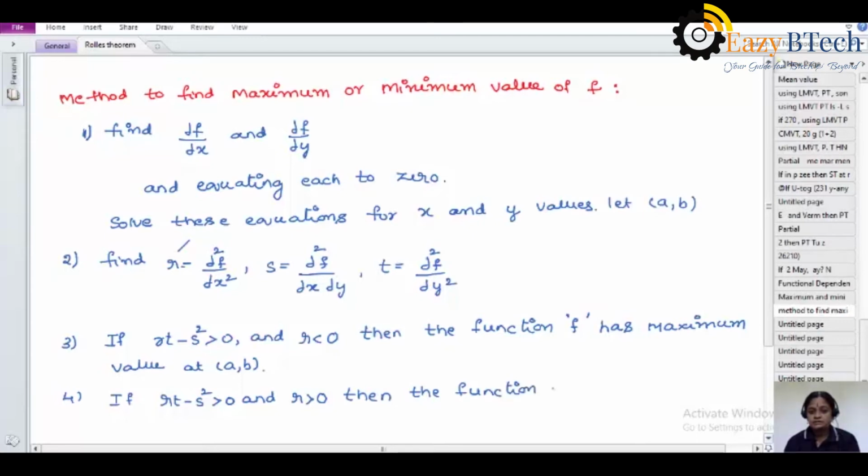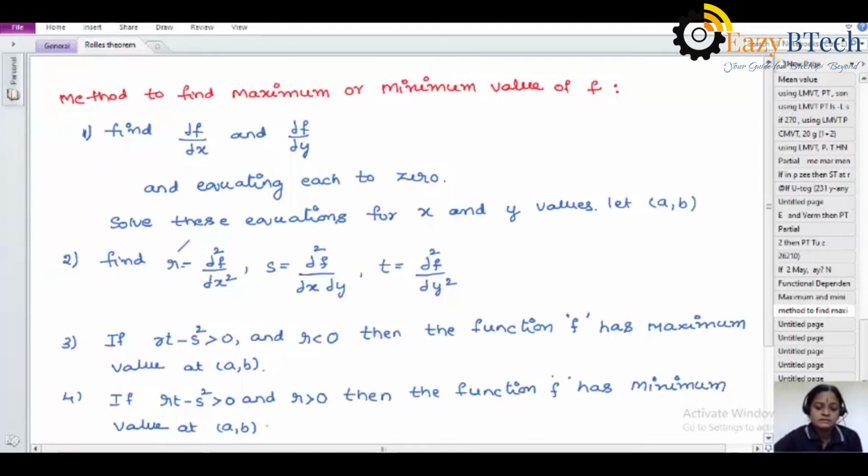Then the function has a minimum value at the point a comma b.